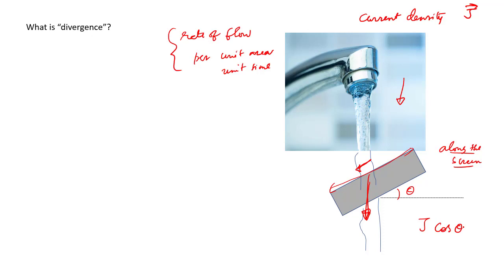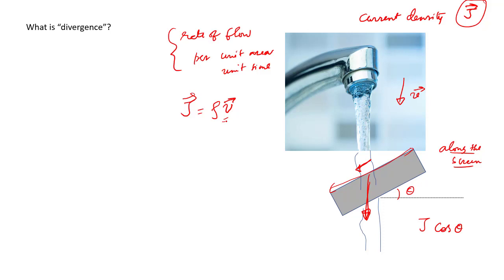So if we want to define flux in general, whatever is the current density J is related to the velocity of the fluid, which is given by V. So J is equal to rho V, because it is measuring the rate of flow of water across the surface per unit time per unit area.